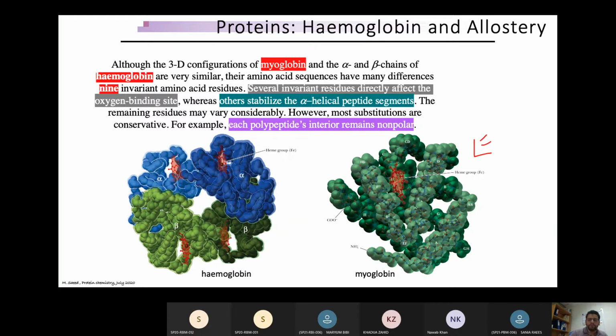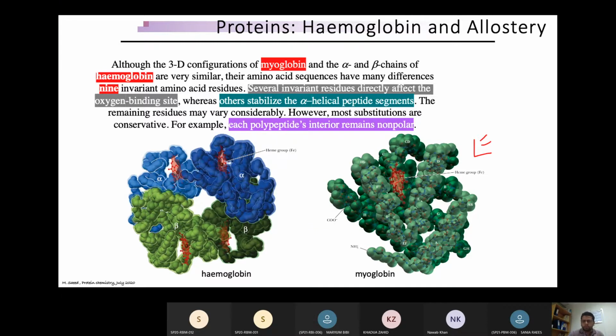We are not going to get into much detail, but the message is that the oxygen bound to this myoglobin is very stable, because the amino acids present in this pocket are non-polar, so they have very little impact on the oxygen binding. Once the oxygen is bound to the pocket, it is very stable, so it will not release oxygen. The problem with myoglobin is that it does not release oxygen quickly.